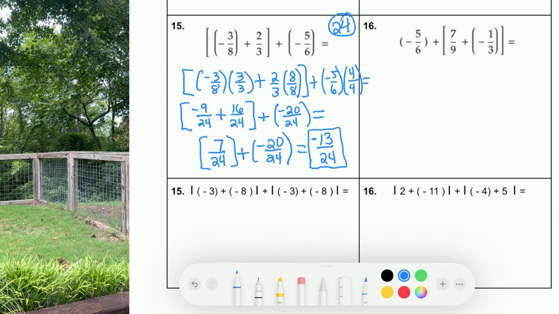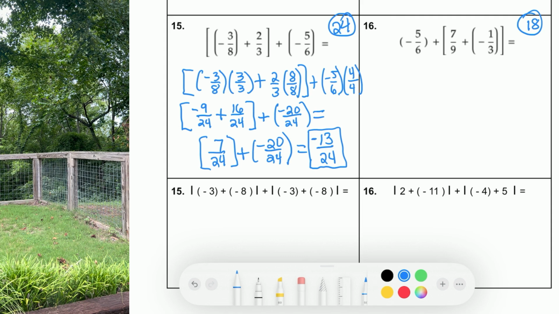All right, I'm going to erase just a little bit right here so that it doesn't distract from the next problem. Number 16, again, we have 3 different denominators, so we need to get a common denominator between those 3 numbers. So a common denominator for 6, 9, and 3 would be 18.